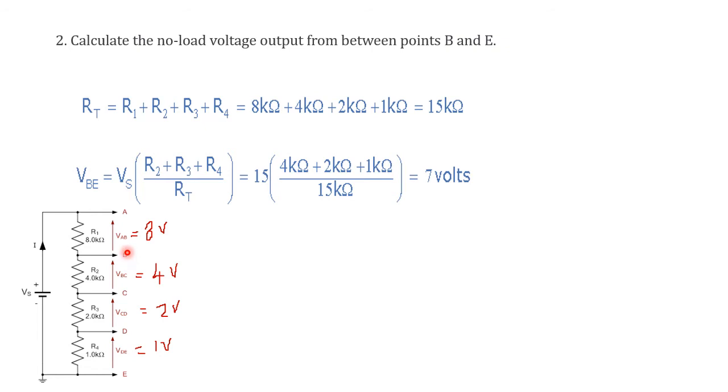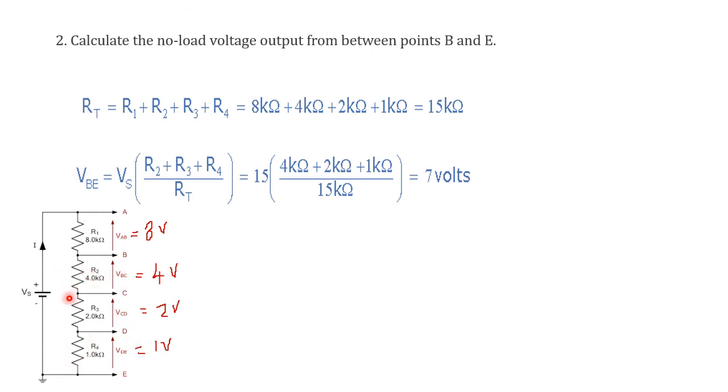Previously we have found the value of VAB, VBC, VCD and VDE as follows. So now our question is, calculate the load voltage output from between point B and point E. So here is our tapping point B and here is our tapping point E. In between B and E, there are 3 resistors.